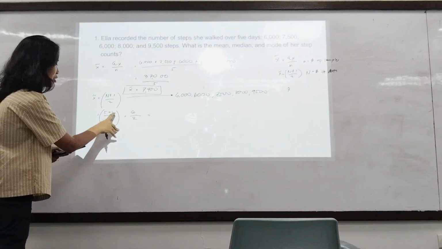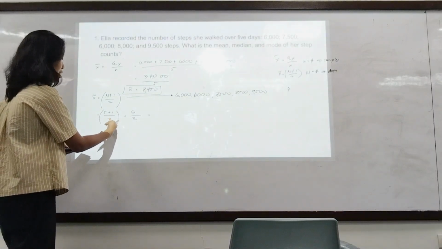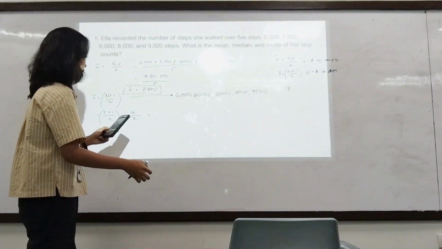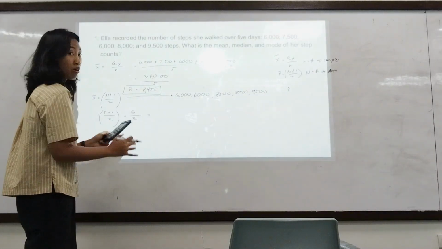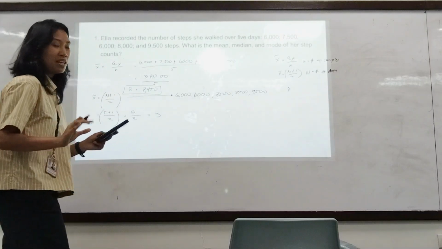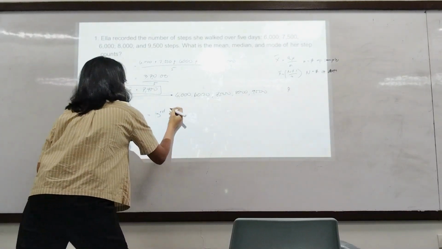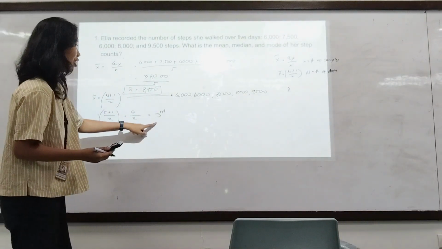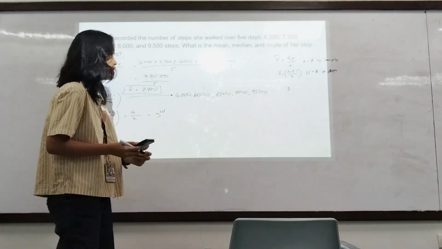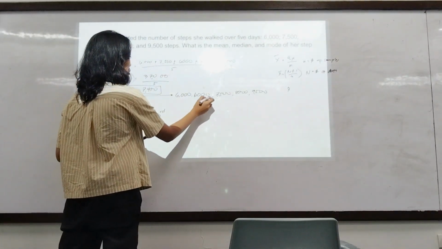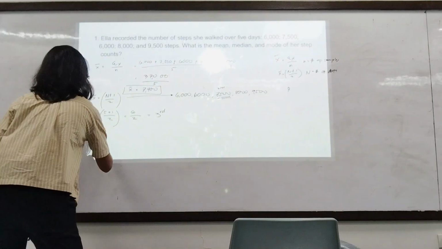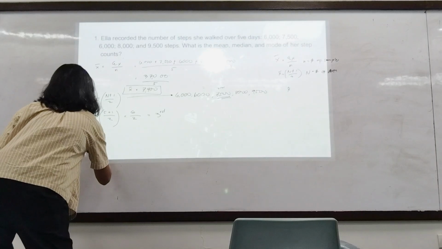Then you add 1, so the answer will be 6. Then you copy the 2 as the denominator and divide it, and the quotient is 3. However, this means you're going to find the third value of the ascending order you just made. So you count 1, 2, 3, and this is our median, forgive me.